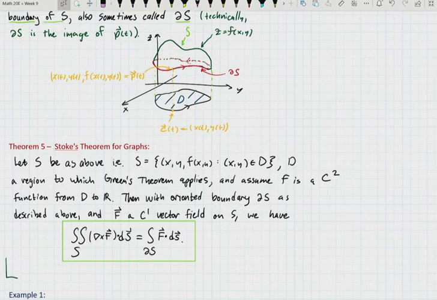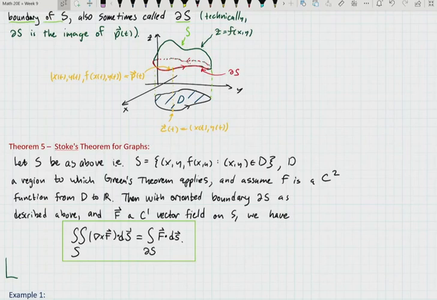Let me remind you what the boundary of a surface is. I used this piece of paper as an example last time. So let's say this is a surface just floating in 3-space. The boundary of this surface I tried to indicate in blue.